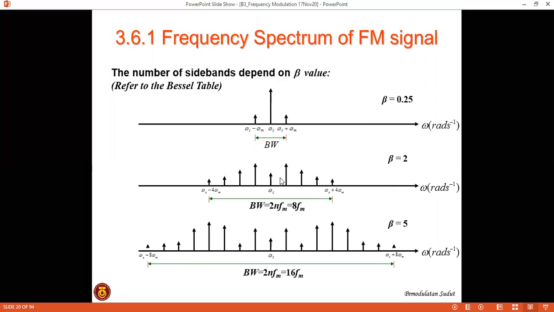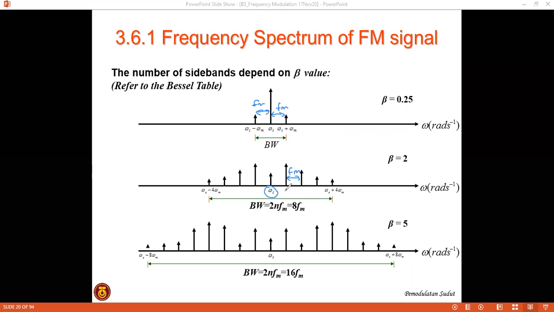Between the sidebands, the gap here is our fm, the frequency of the modulating signal. This is our carrier frequency at the center.